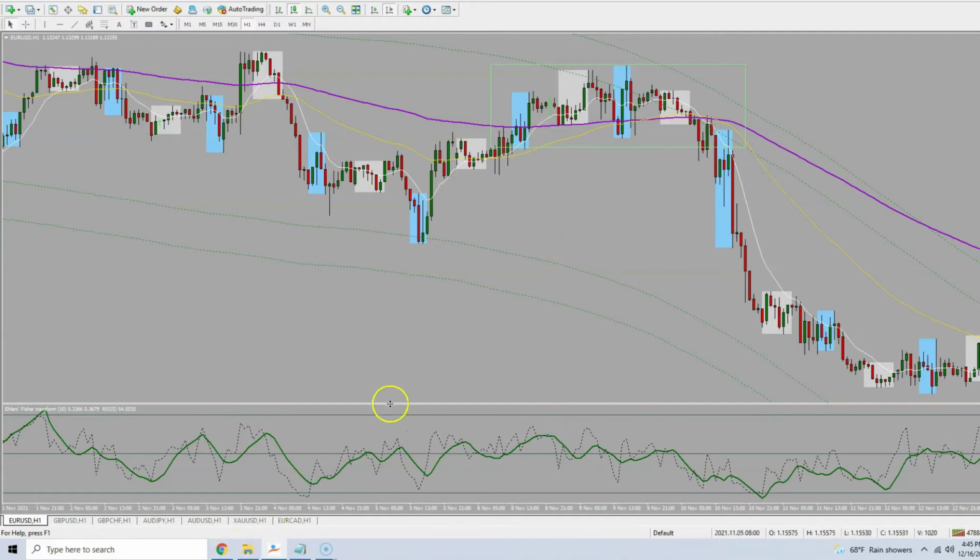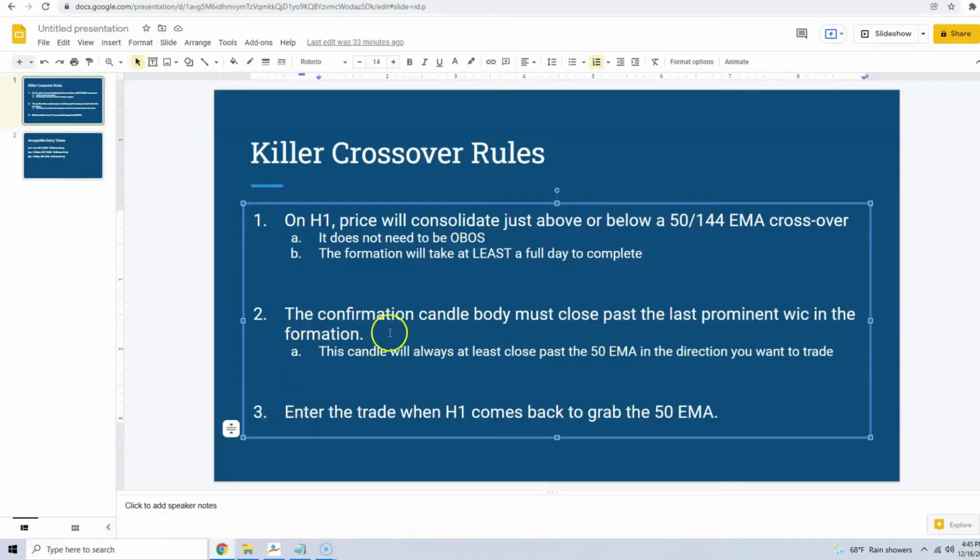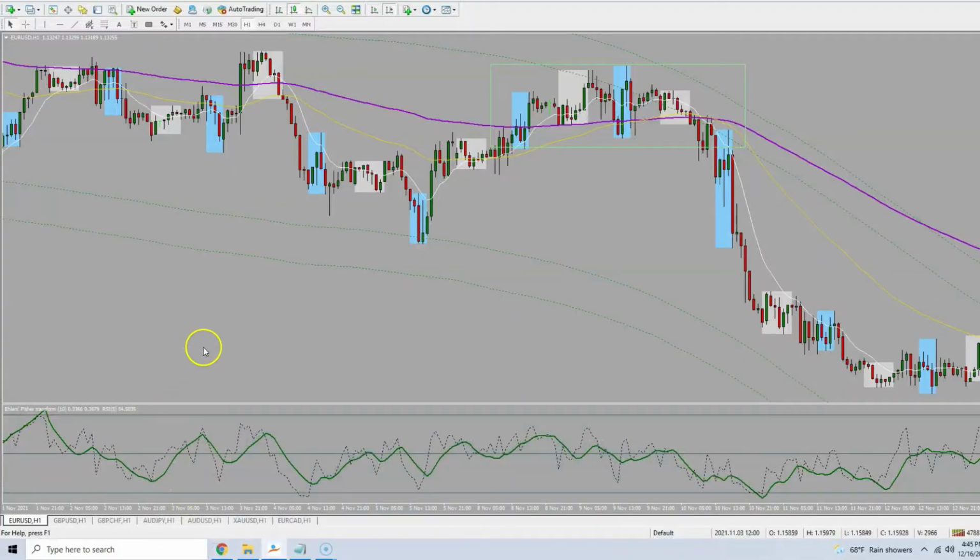But moving along. Rule number two, the confirmation candle body must close past the last prominent wick in the formation. Now, where have you heard that before? My last strategy video, the Omega trade. That's the exact same rule as in my Omega trade strategy, where you have to find the last prominent wick within the formation.